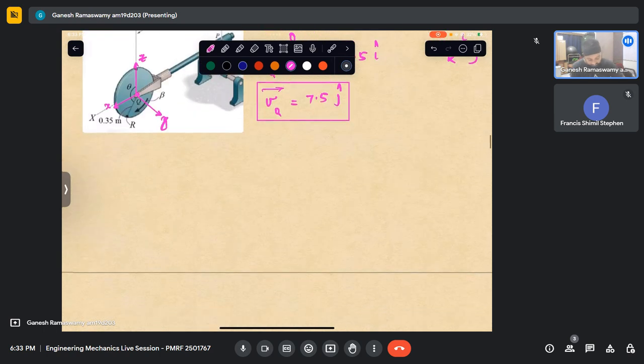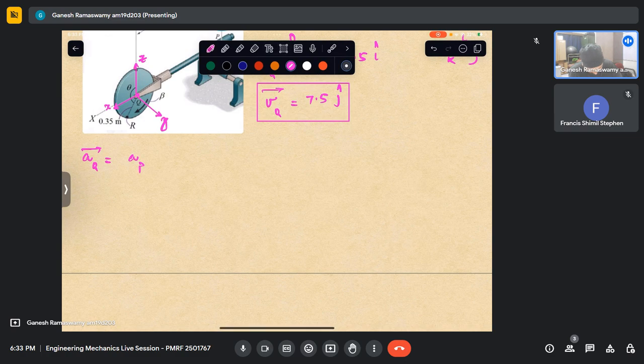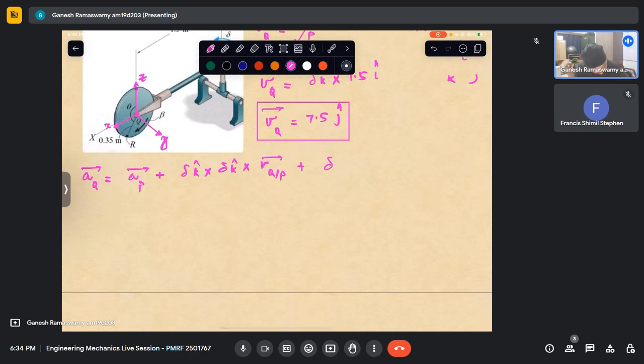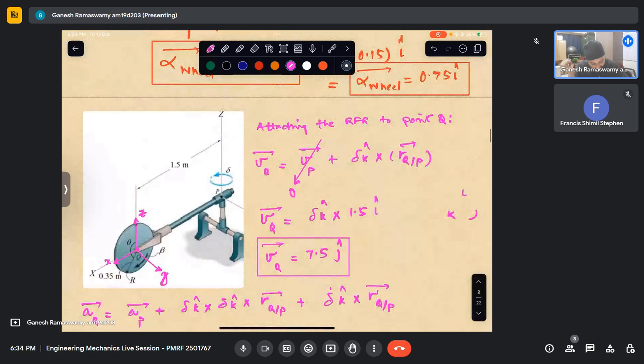Similarly, we can calculate the acceleration of the coordinate. So we know that this will be acceleration of P plus delta K cross delta K cross R of Q with respect to P, which is centripetal, which will point towards P, plus delta dot K cross R of Q with respect to P. Now we know that this speed is constant.